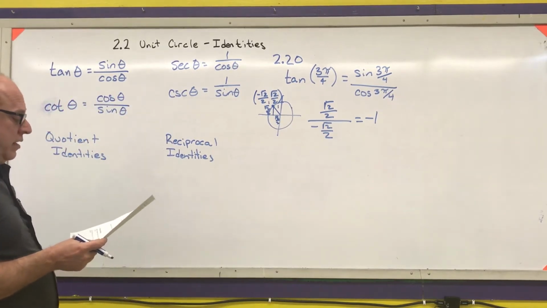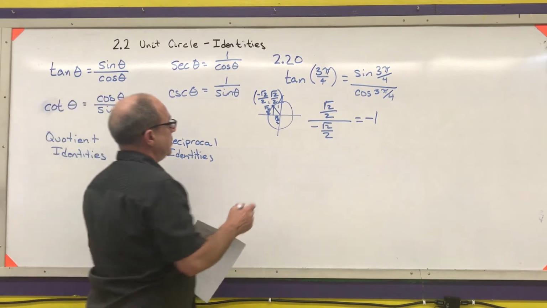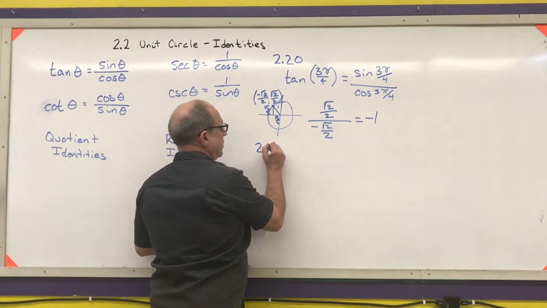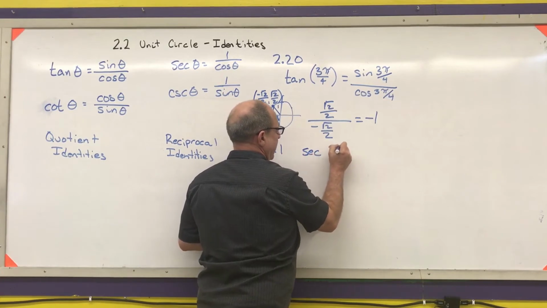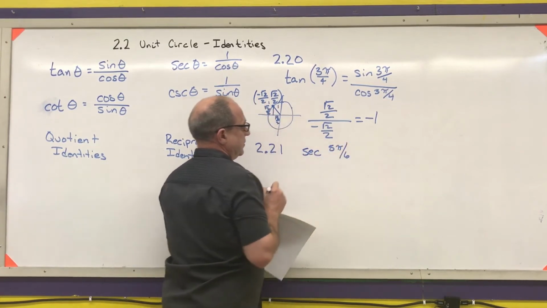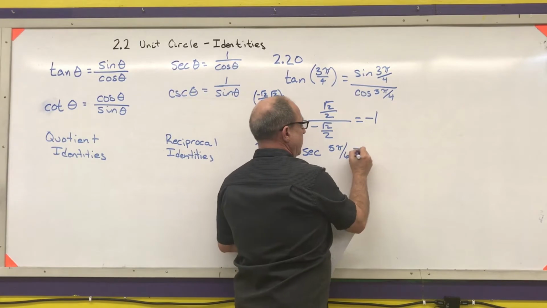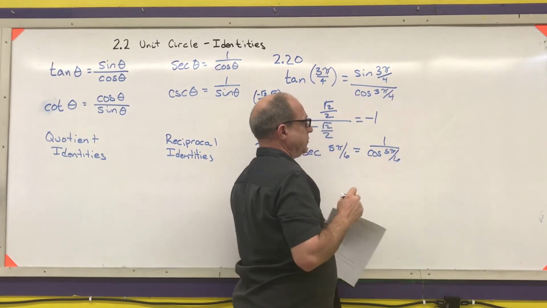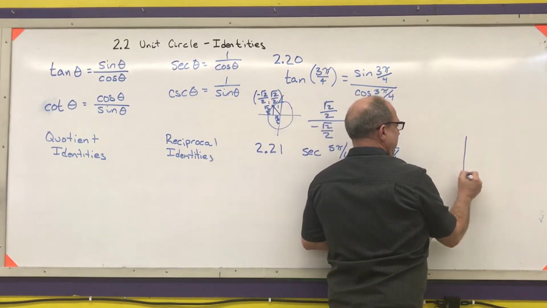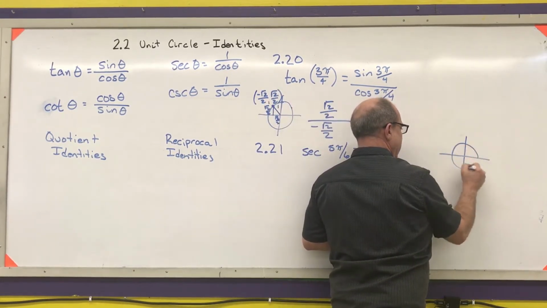The second example, 221. I want to find the secant of 5 pi 6. Well, that is equal to 1 over the cosine of 5 pi 6. Draw myself a quick little unit circle.